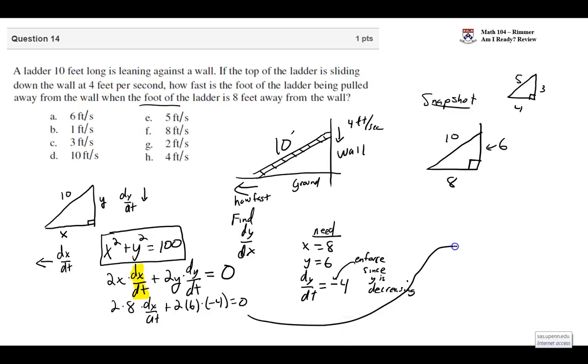Or 16 dx/dt is equal to 48. dx/dt would be 3. Feet per second would be the unit.